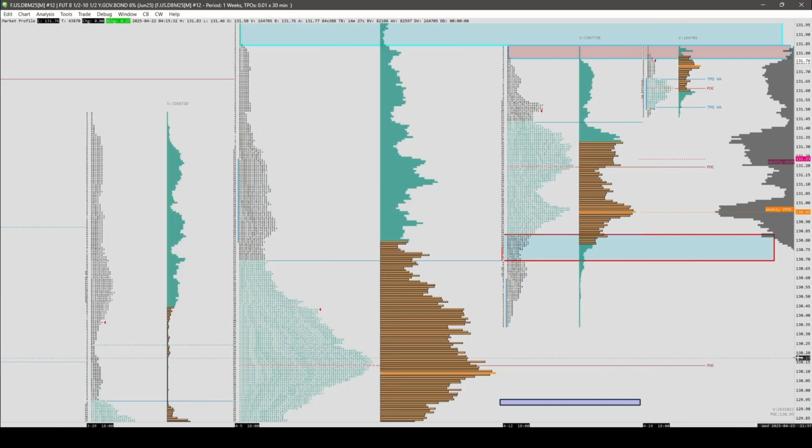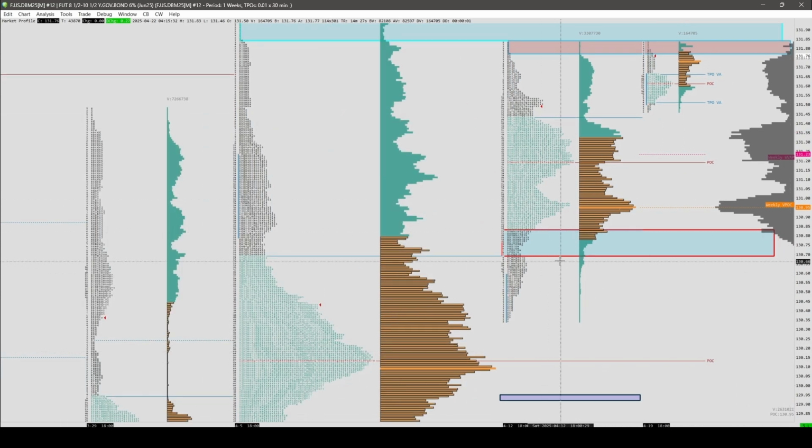So if the market is going to break this zone right here, I will be looking at the VPOC of this week, which is sitting at 130s, 09s, and the POC of this week, which is sitting at 130s, 19s.